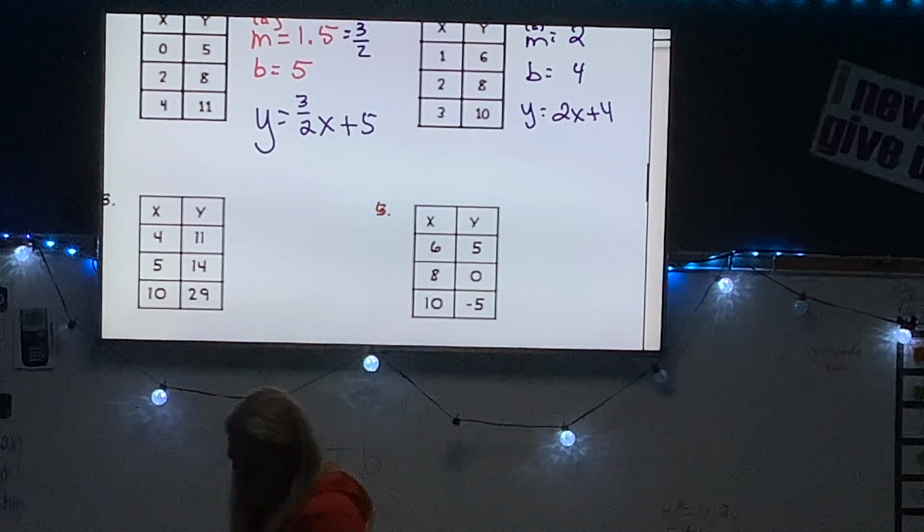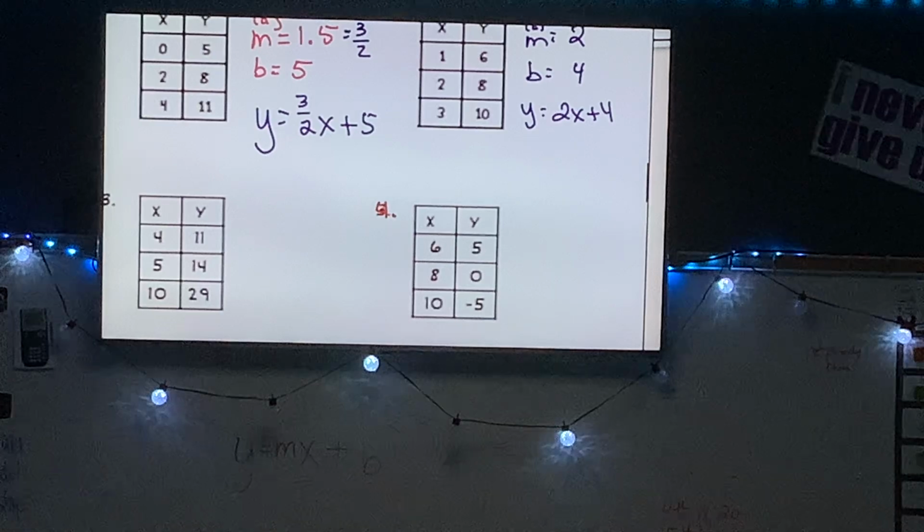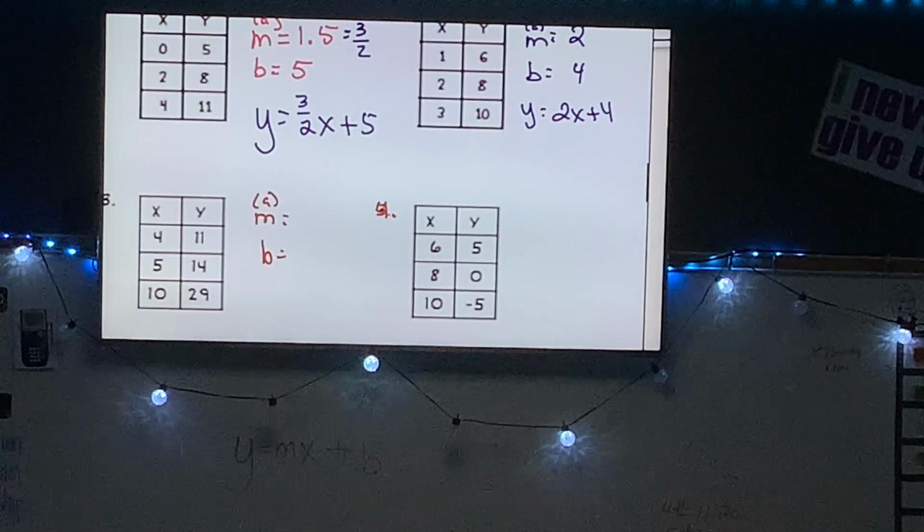Okay. Oh, and as you see, we have two threes there. I'm going to change that one over there to 4. So m is our slope, and b is our y-intercept.